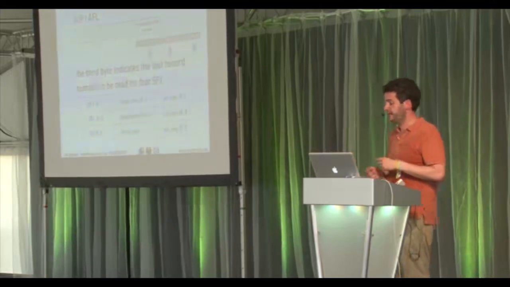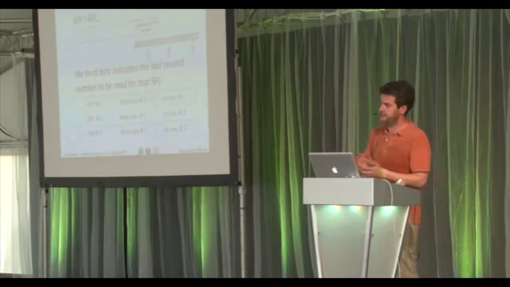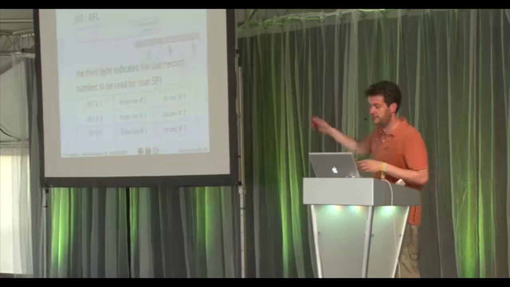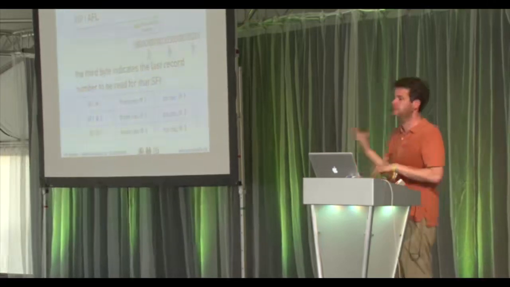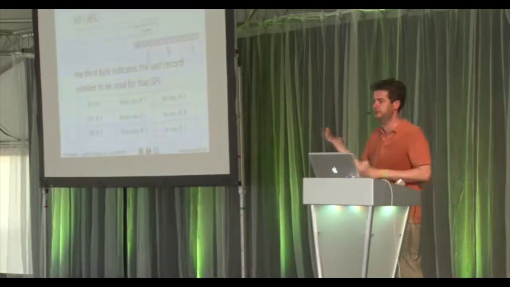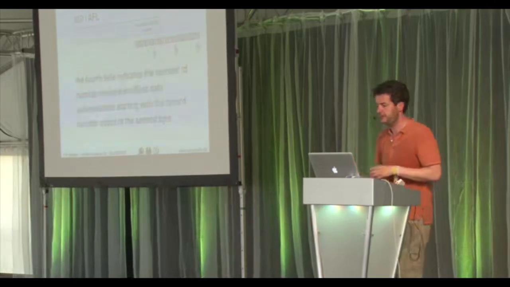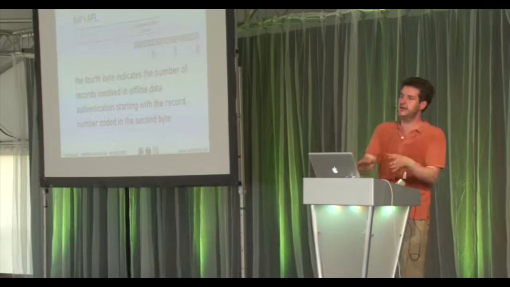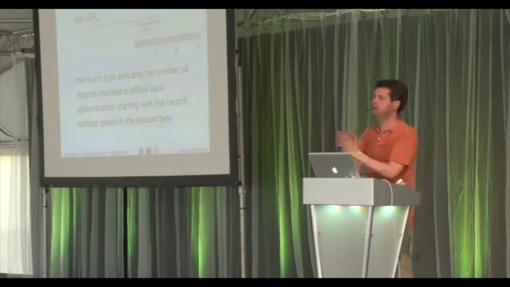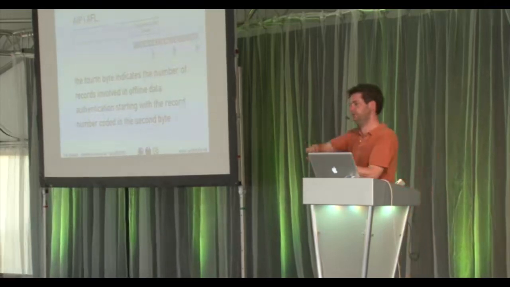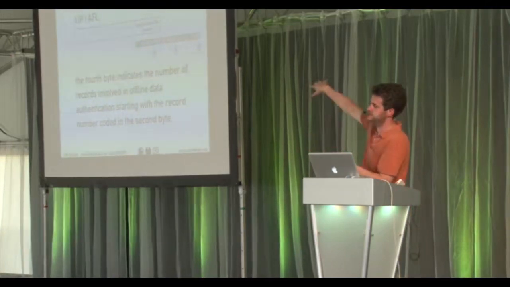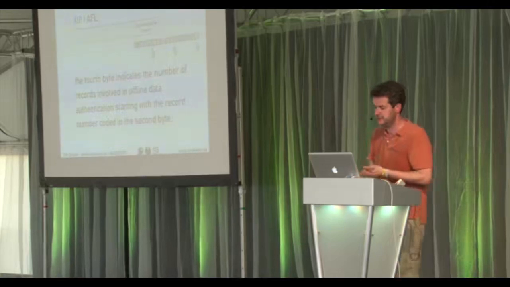The third byte tells you where to stop reading. So from the first short file ID, we only read 1 record. From the second one, we read 3 records. And from the third one, we read 2 records. And the fourth byte says how many of these records that you read from this short file should you use when you're signing the data with either an SDA certificate or a DDA certificate.